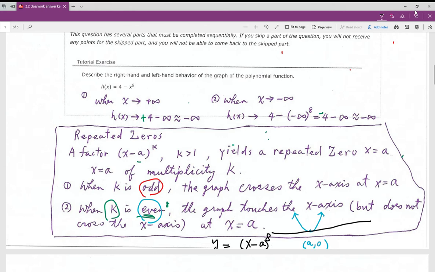So this is y equals x minus a, for example, to the eighth degree. Let me change the color. So you have y equals x minus a to the eighth degree. Okay.